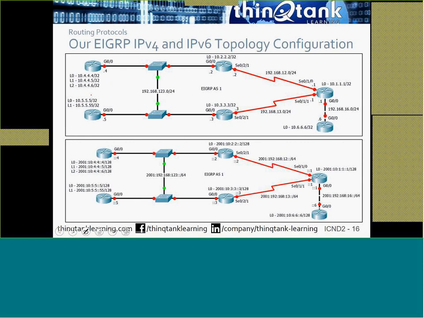And of course, we're going to do the same thing in IPv6. Now, if you look at IPv6, I kind of mirrored the IPv4 configuration for the IPv6 addresses, but 2001:10:4:4 is not the same as 10.4.4 because 10.4.4 is decimal. 2001:10:4:4 is hexadecimal.